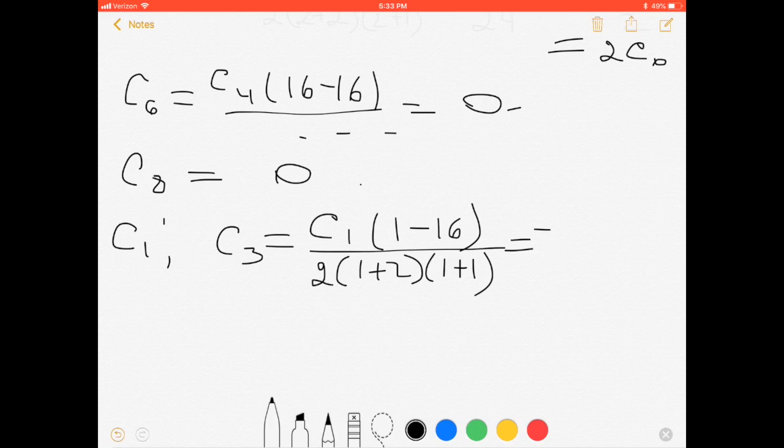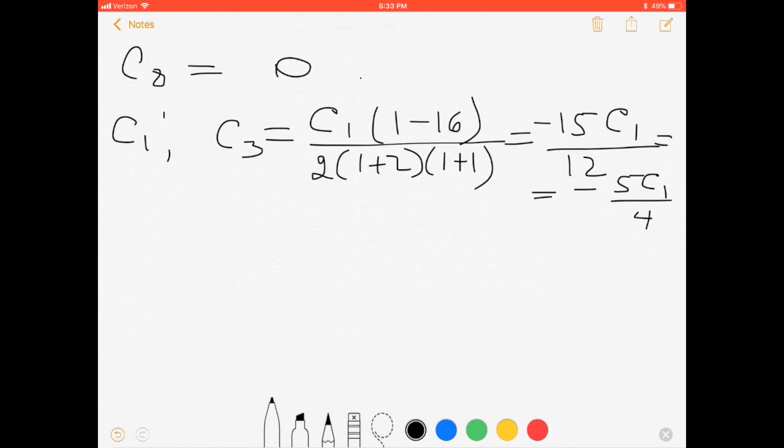This means we have negative 15 C1 divided by 1 plus 2, 3, 3 times 4, 12. Or it will be minus 5 C1 over 4. Okay.